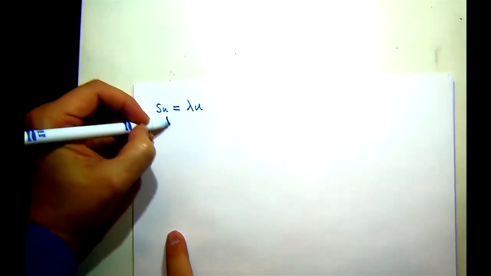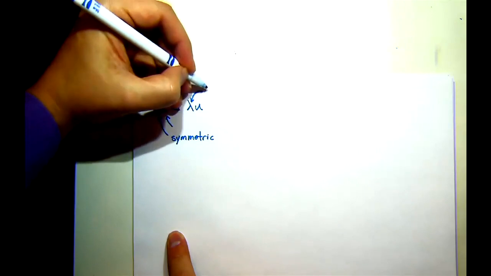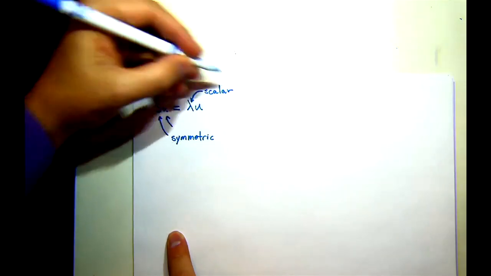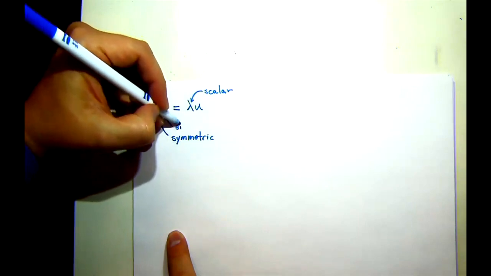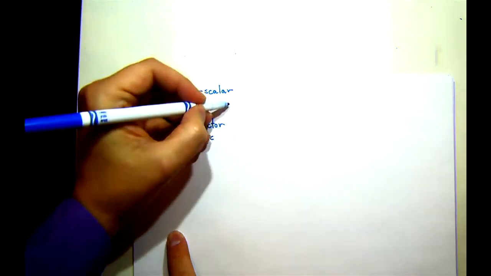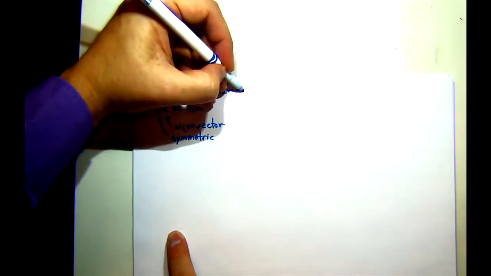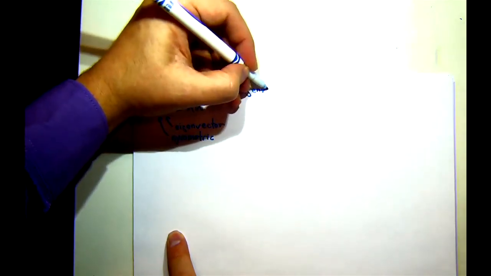If we have a symmetric matrix S, and we have some vector u, and you multiply it by some lambda, which is a scalar, and you get back the same vector, where S is symmetric and lambda is a scalar, this is called an eigenvector. And the scalars are called eigenvalues.